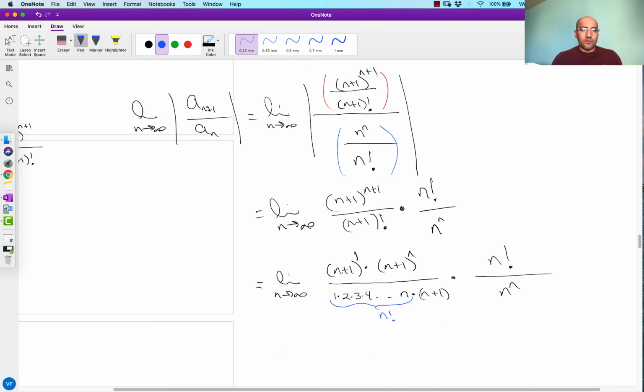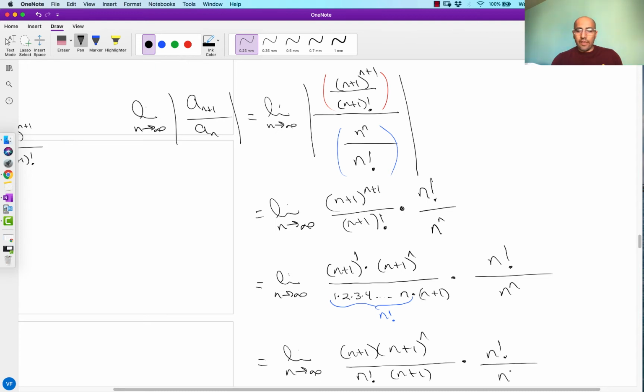So this will then become the limit as n goes to infinity of n plus 1 times n plus 1 to the power of n divided by n factorial times n plus 1 times n factorial over n to the power of n. So now this will reduce with that, and this will reduce with that, giving me just these two.